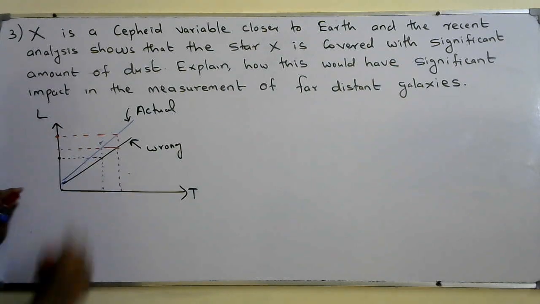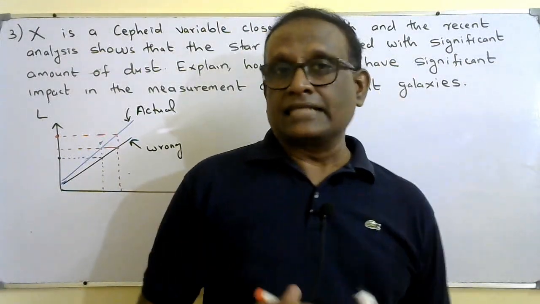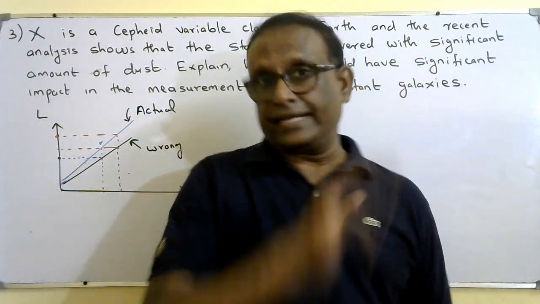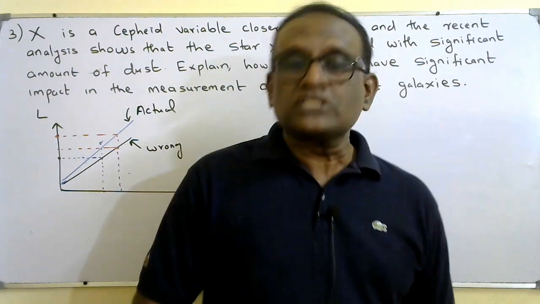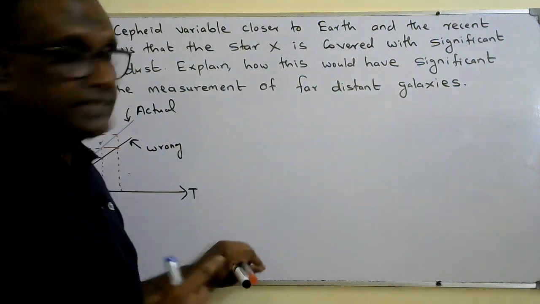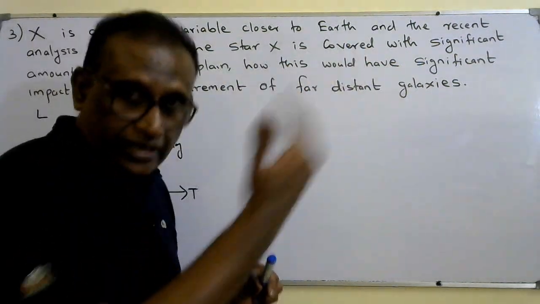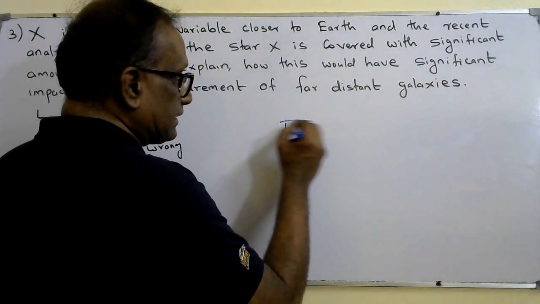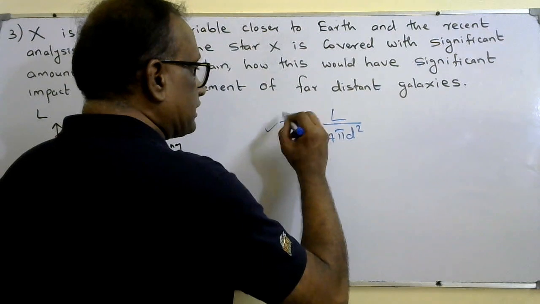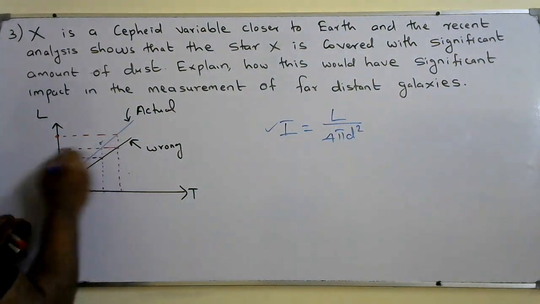So the actual luminosity of the Cepheid variable in the far distant galaxy will become greater than what we have now. So we are going to measure its distance. We measure its intensity from the far distant galaxy, that has no change. I equal L over 4 pi d squared. Intensity measurement is correct. Luminosity, earlier we had a lower value.